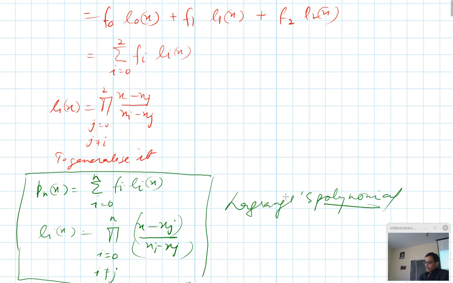And using this you can estimate the same problem. So let us try to solve the same problem which we discussed in linear interpolation.